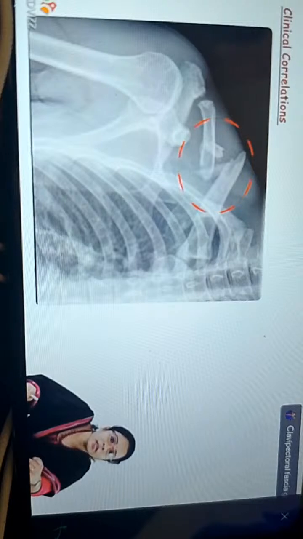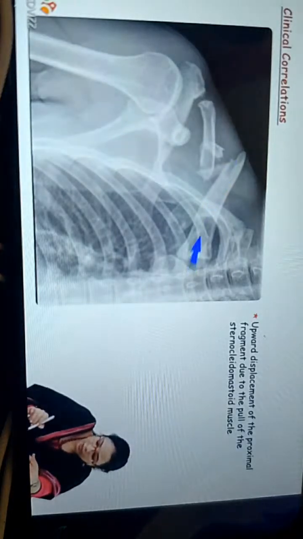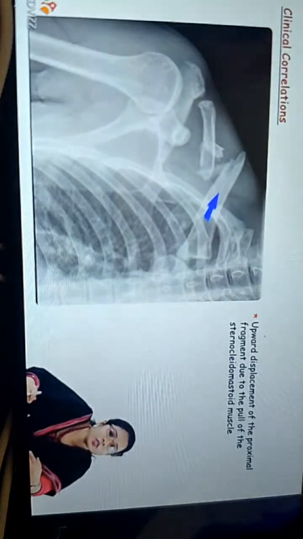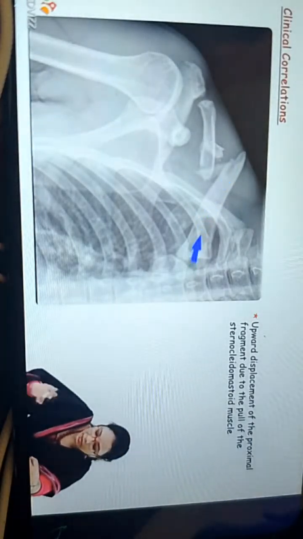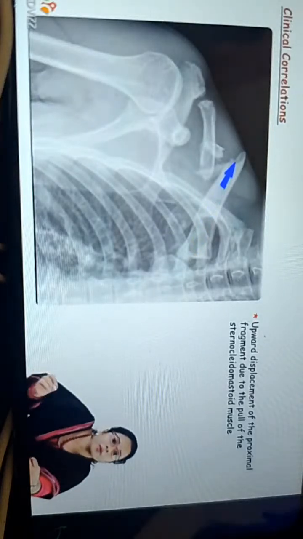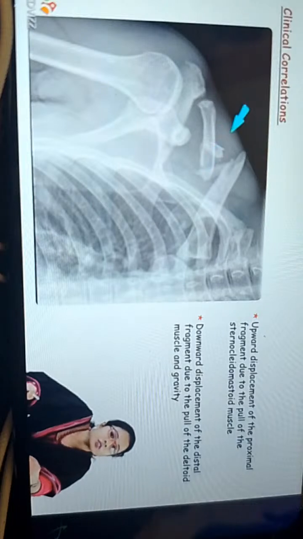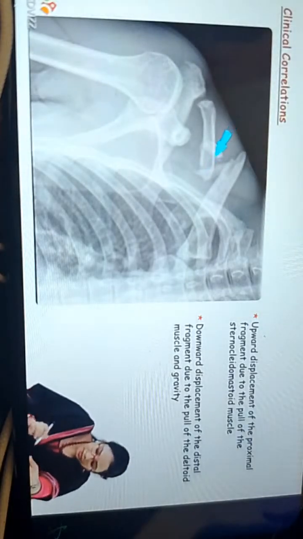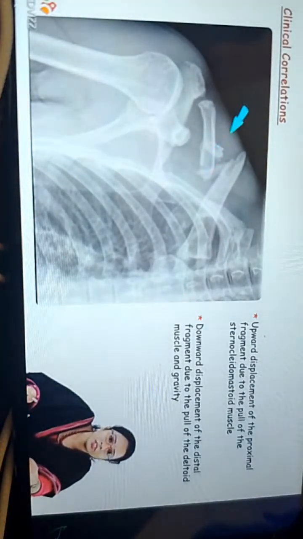It results in upward displacement of the proximal fragment, which is the medial side, due to the pull of the sternocleidomastoid muscle attached from above. The downward displacement of the distal fragment is due to the pull of the deltoid muscle and gravity, because laterally the anterior fibers of deltoid are attached.